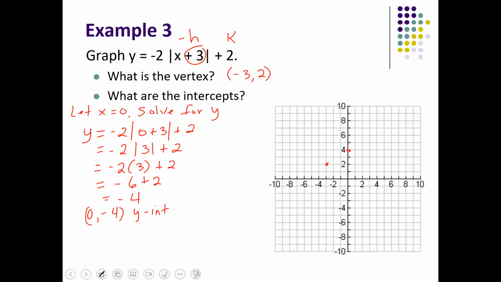I'm sorry, it's 0, -4. That's my mistake. It would be down at the bottom. 0, -4 here. So that's our y-intercept. Now to find our x-intercept, we're going to let y be 0 and solve for x.